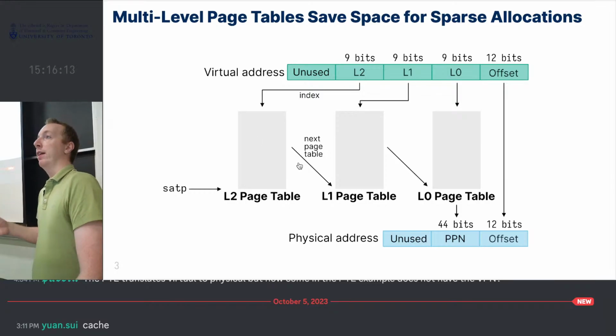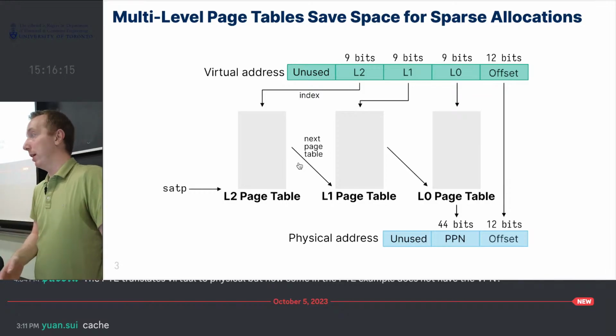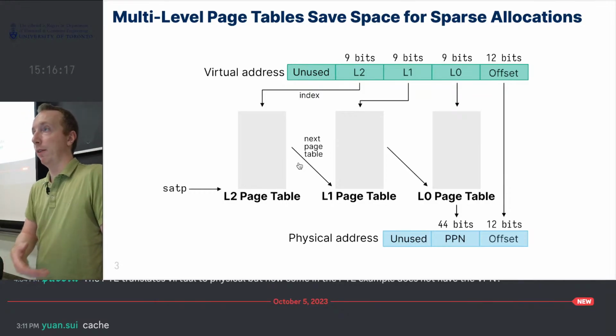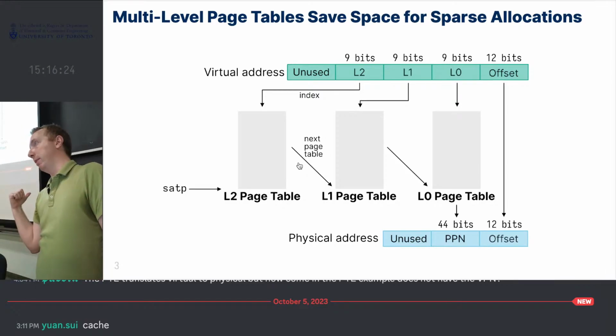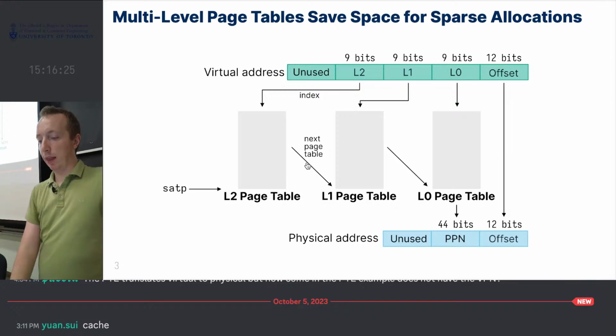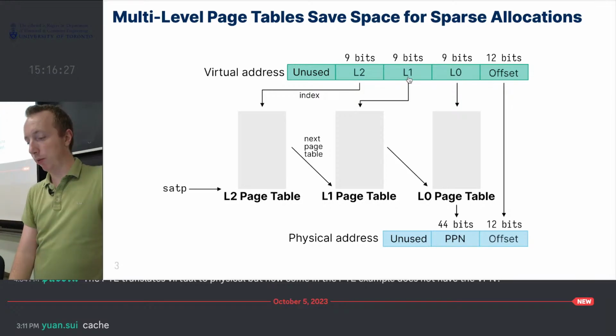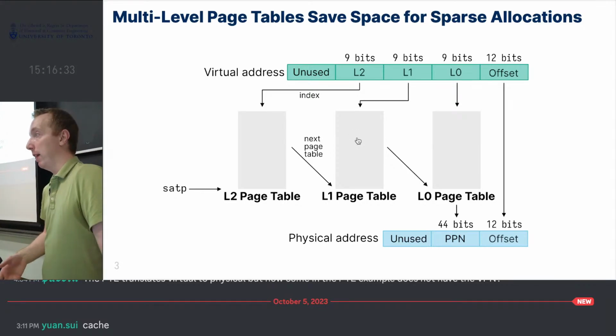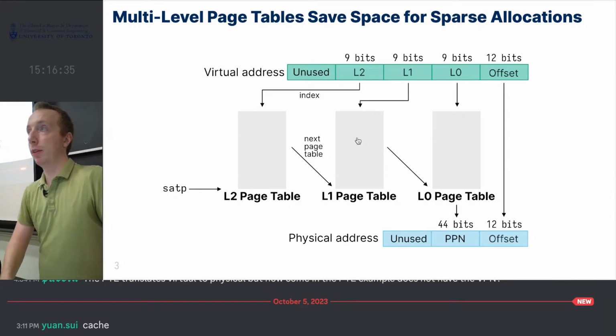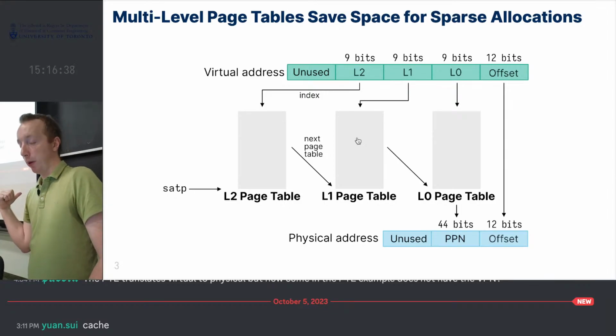And then the page table entry in that page table, instead of just directly having a physical page number we use for translation, it actually points to an L1 page table. And then in the L1 page table, it knows what index to look at from the virtual address. And then if that page table entry is valid, the physical page number will tell it where to go to look up the L0 page table.